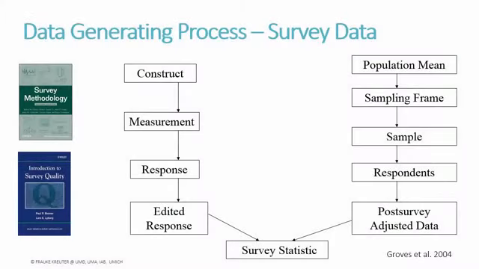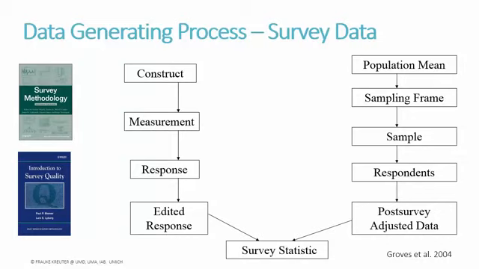On the survey data side, one visualization of the data generating process is this figure here that you find in the textbook from Robert Groves and a set of colleagues. It's depicted here on the left, and a similar graph in the survey quality book from Lars Lyberg and Paul Biemer.